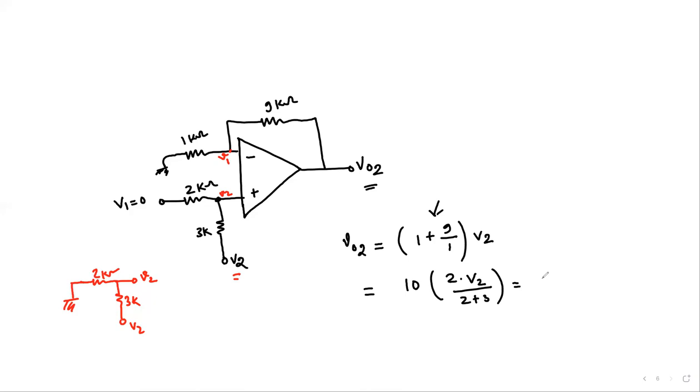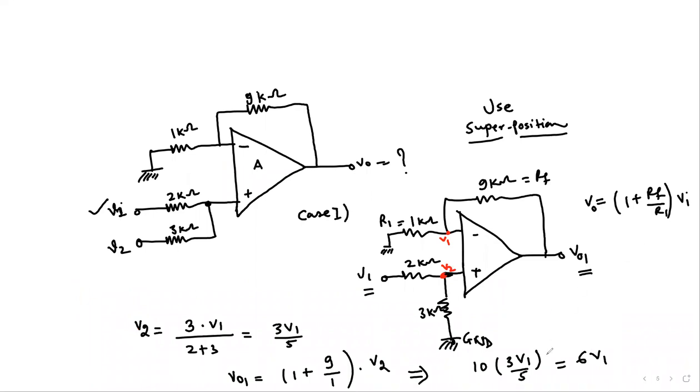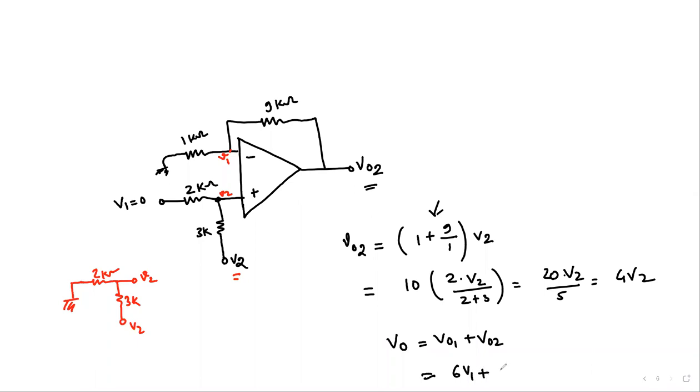So it's 20 by 5, that is 4 times V2. So the total voltage VO would be VO1 plus VO2, and we see that VO1 is this one, 6V1 plus 4V2. So that's the expression for the complete circuitry.